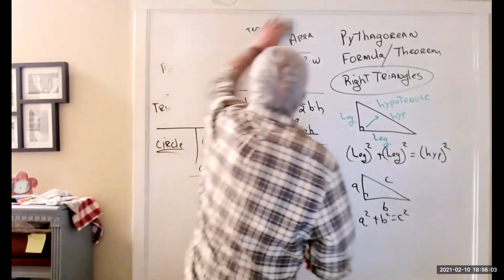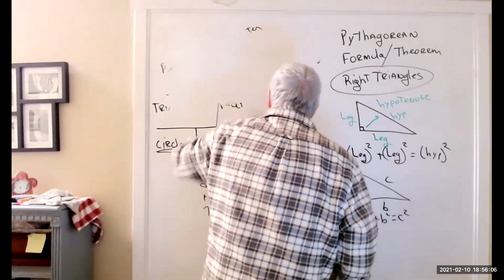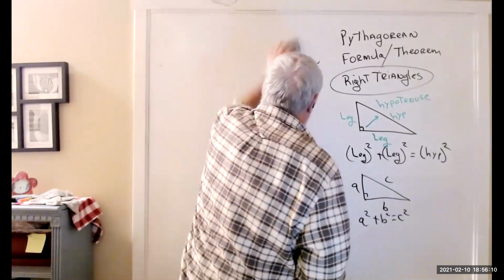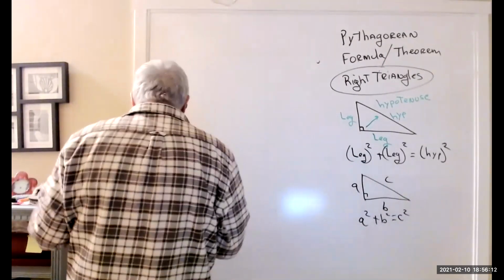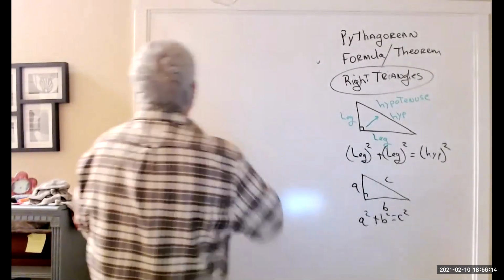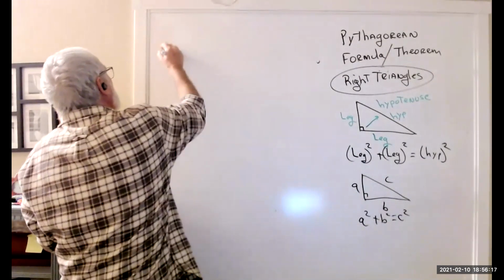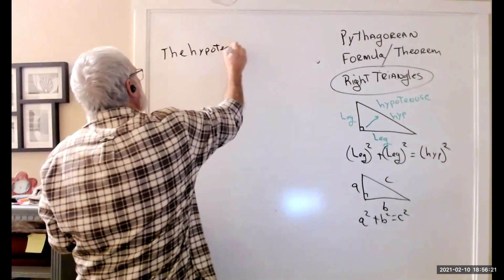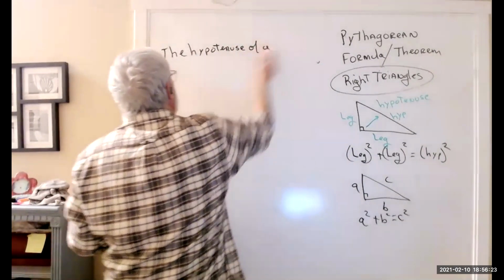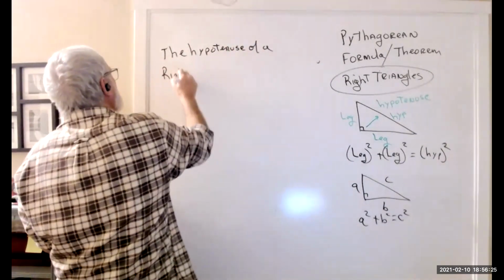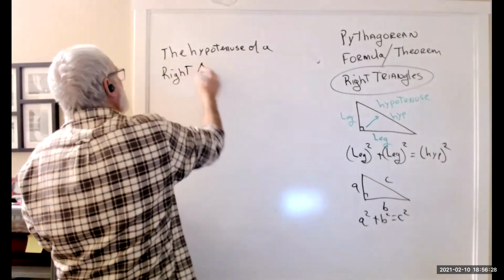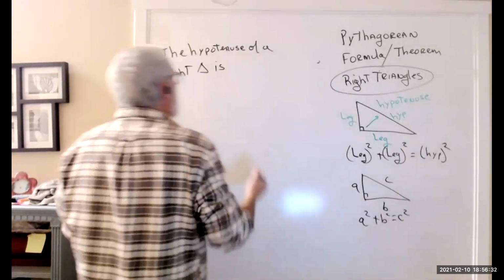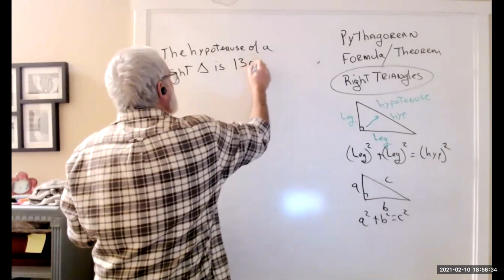So the hypotenuse of a right triangle is 13 centimeters.